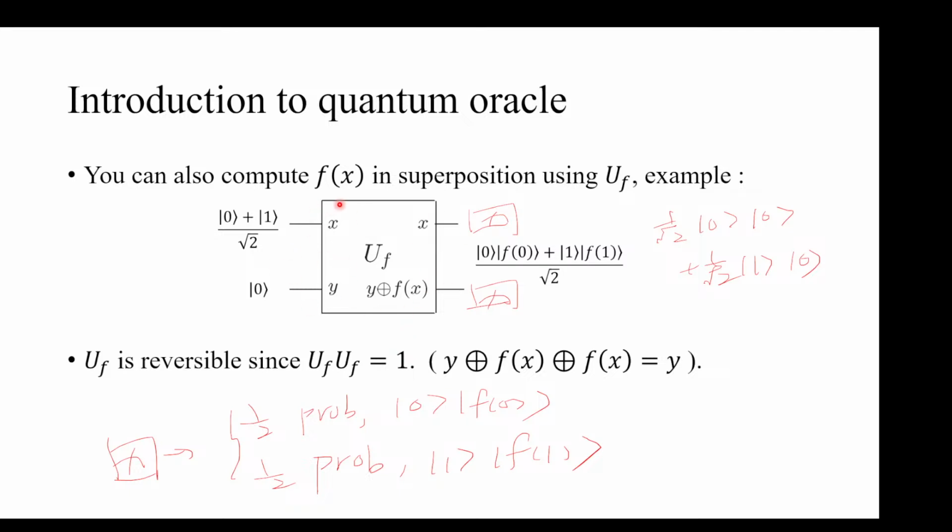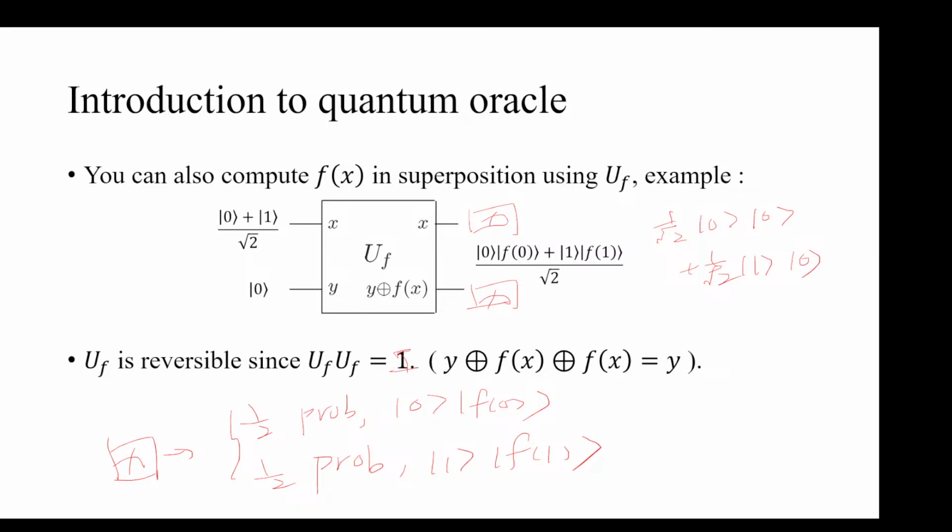Here I want to emphasize that U_f is reversible, because every quantum gate is reversible. It's also why we want to write U_f in this way. So U_f applied twice is the inverse of itself: if you apply U_f twice, it is the identity. So I should write identity instead of 1.